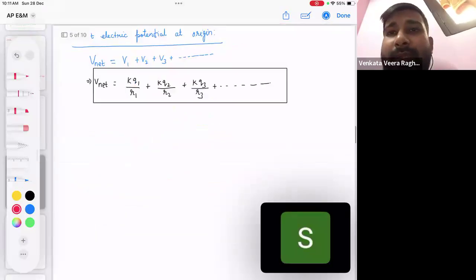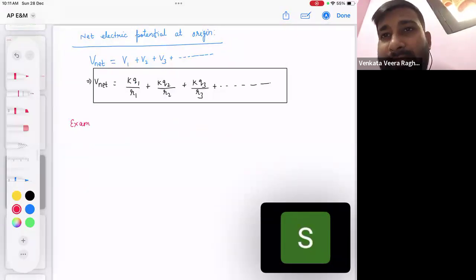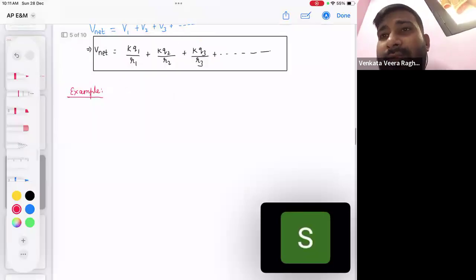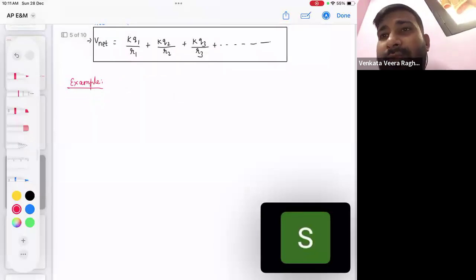Right. Let's take an example and try to understand what we have just done. In this example, an equilateral triangle is given to us.